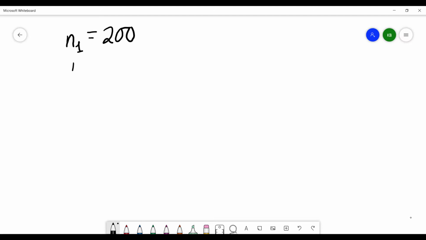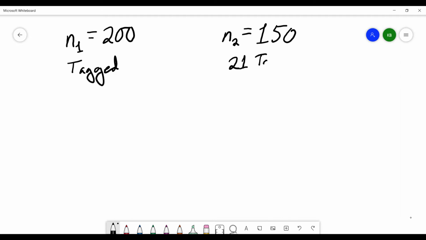So they are tagged. Now say I release them back into the wild, and after a little while, I collect a second sample. I have 150 fish in this sample, and 21 of those have tags.